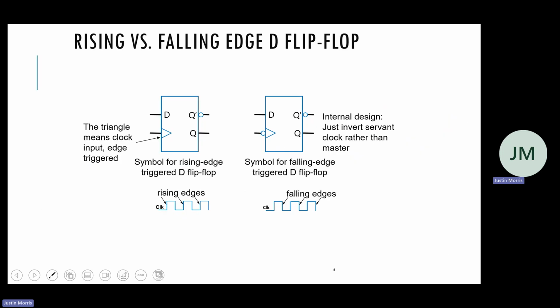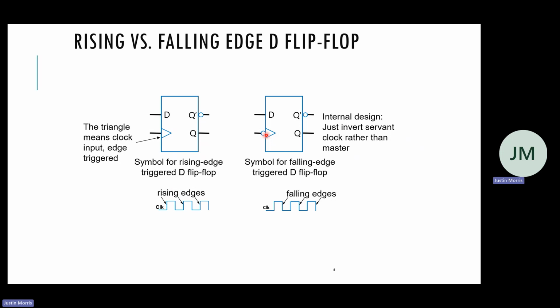So you'll see both of these flip-flops depicted in this way. It's going to be a box, right, that has input D. If it just has a triangle like this with no inverter here, no little bubble, this means it's a rising edge flip-flop.